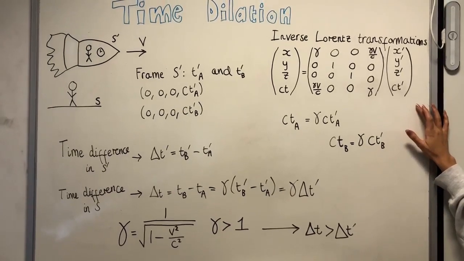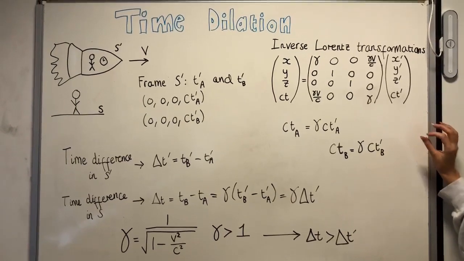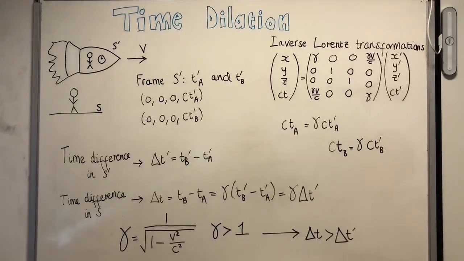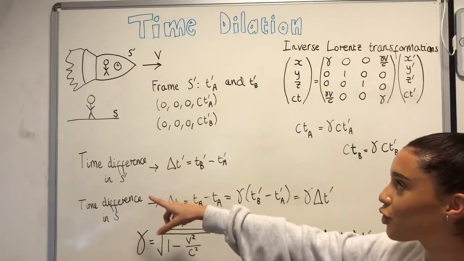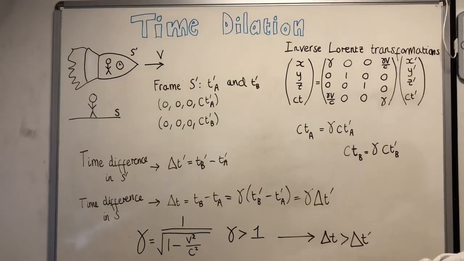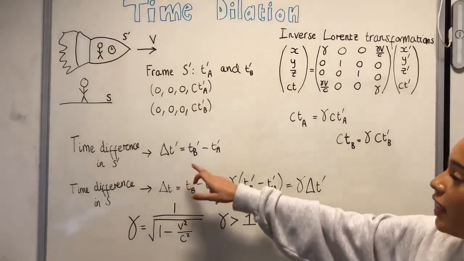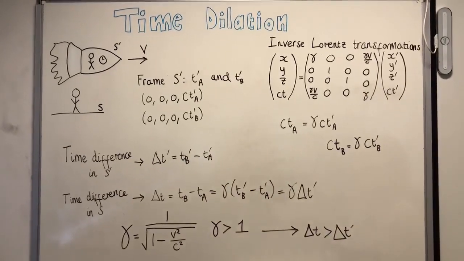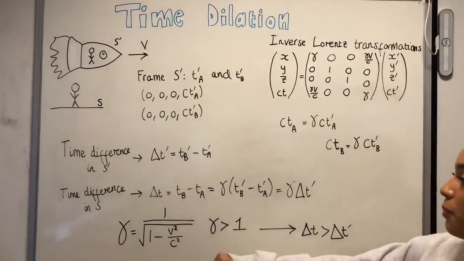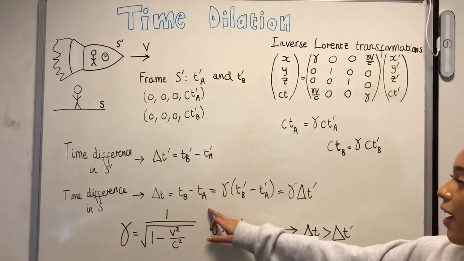There are several ways to find these, one of which is to find the inverse matrix to the Lorentz transformation matrix. If we look at the time difference in the inertial frame S prime, we can see that it is t'B minus t'A, and the time difference in the inertial frame S will be given by tB minus tA.